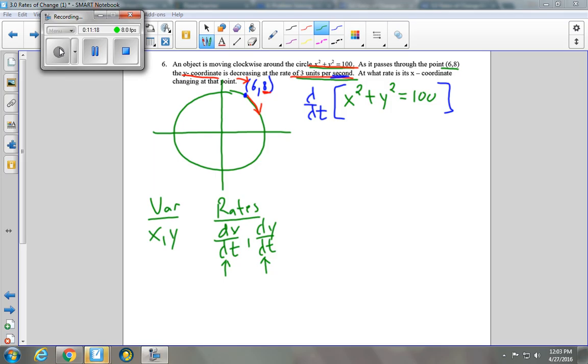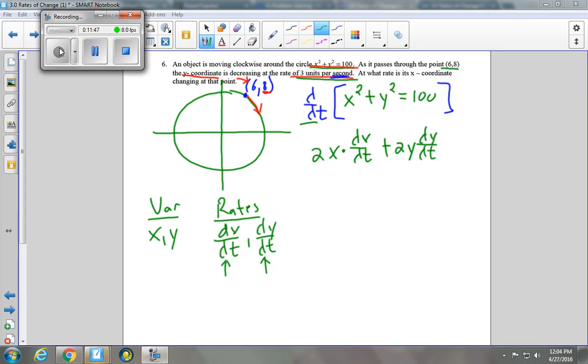Okay, carrying on with this. If we do that, you get 2x, and now implicit differentiation again. What's going to be tacked on beside that? 2x times dx dt, plus 2y dy dt is equal to 0.